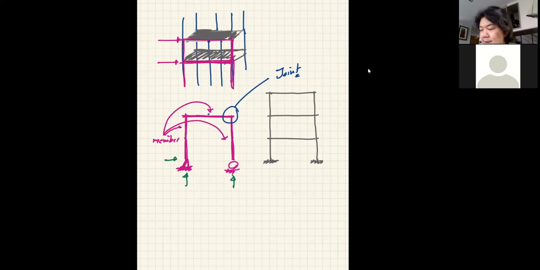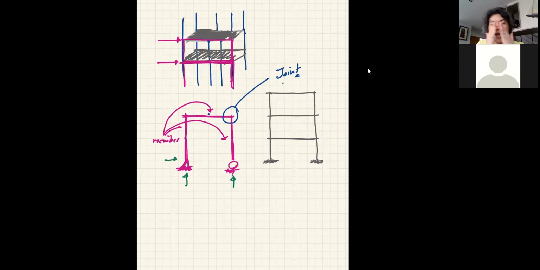The only problem is that there is more than one member in the system and they are connected by the joint, whereby the forces can be transferred from one member to another. So this is the general idea of the class.